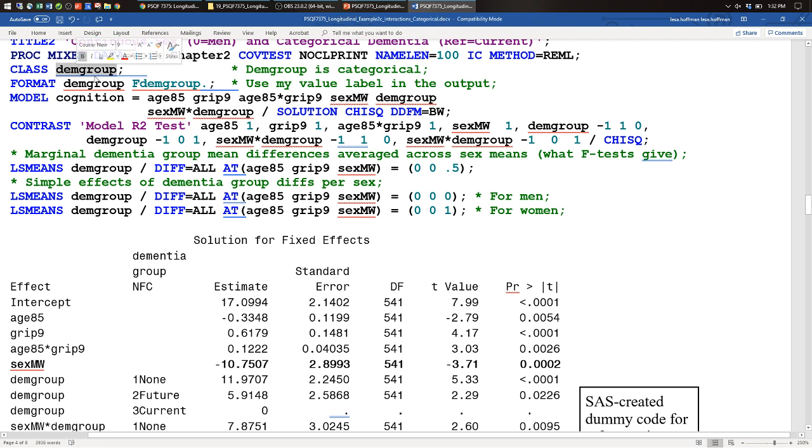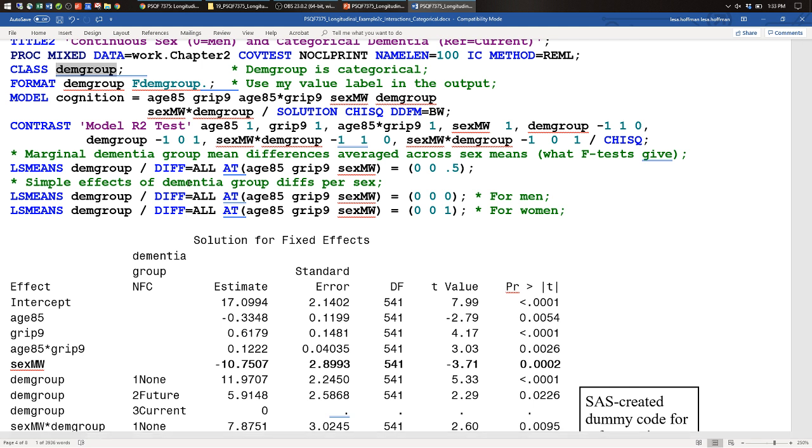So I have dem group here. Gender is being treated as continuous. Same model, I've just changed the coding scheme. Same model, same R square. What shows up in terms of how you decompose the effects is going to differ as a function of the new coding scheme. So to your question, note the at statement.